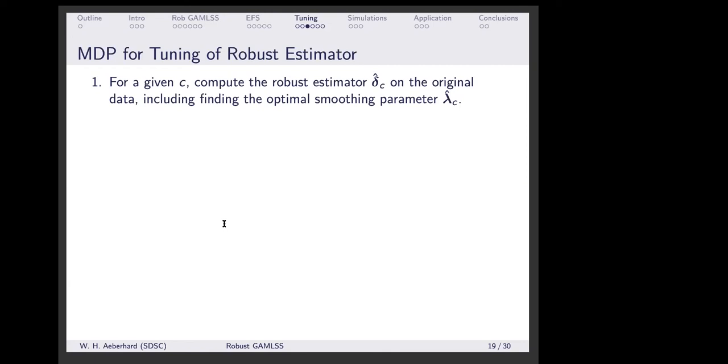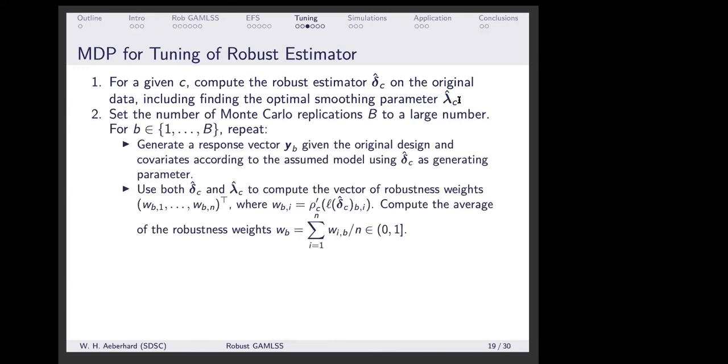With this value of C, you can compute your robust estimator on the original data, and you can also find the optimal smoothing parameter for a given value of C again. Next, we're going to simulate data using delta hat as the generating parameter. And we're, of course, going to simulate at the assumed model. We're going to do this capital B times.